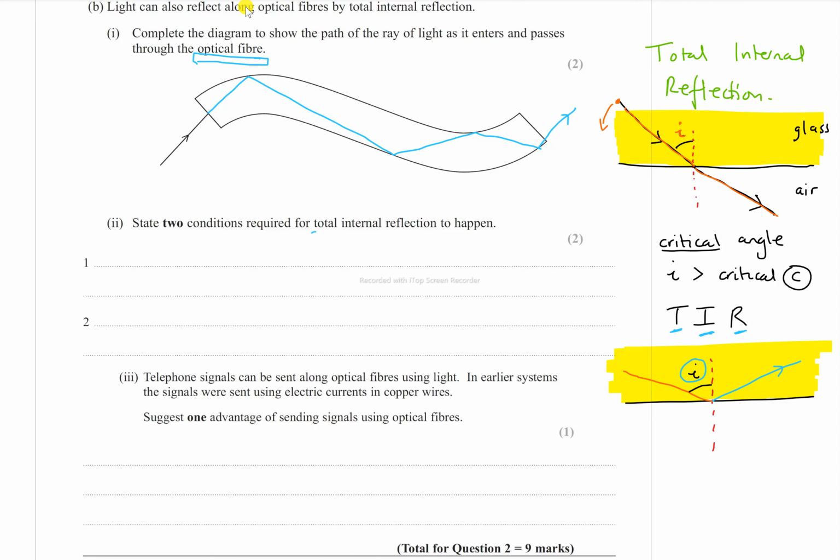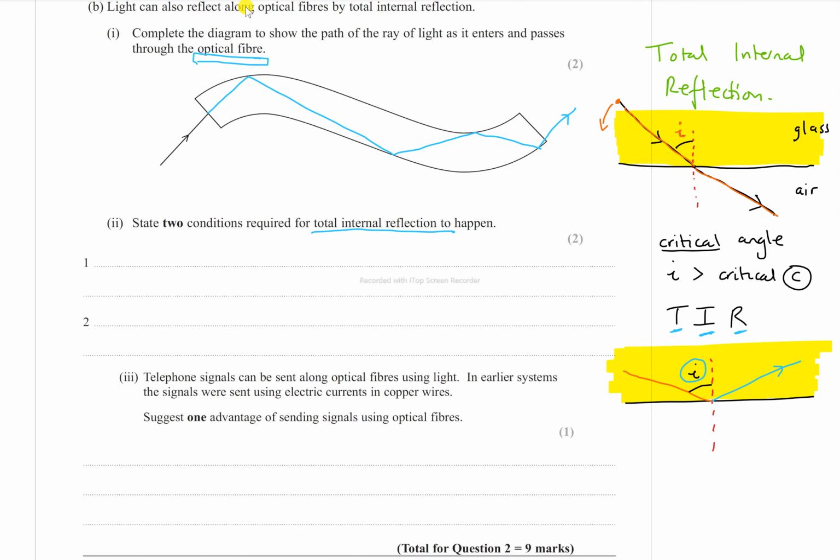What are the two conditions for total internal reflection? That's another point I should have highlighted.